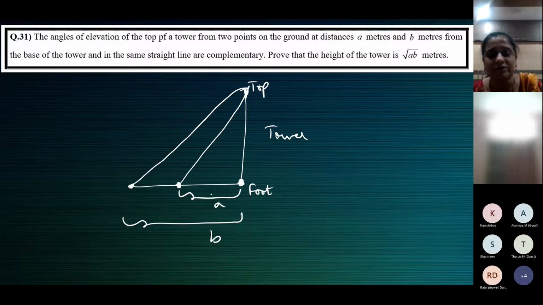This is 1 point. Between that, the distance is A. Again, foot of the tower, this is the other point. The distance is B. The distance between those 2 points is not B. That is not given. That we can find now, but that's not given.